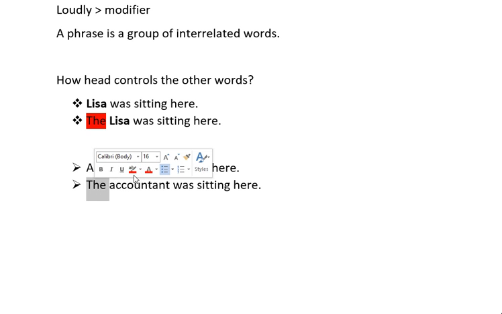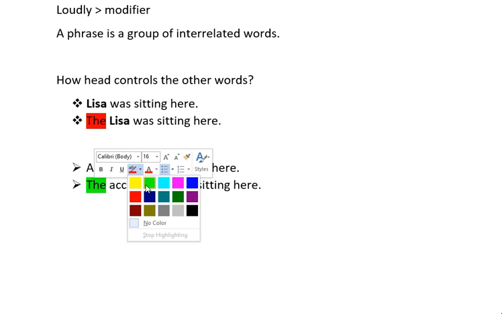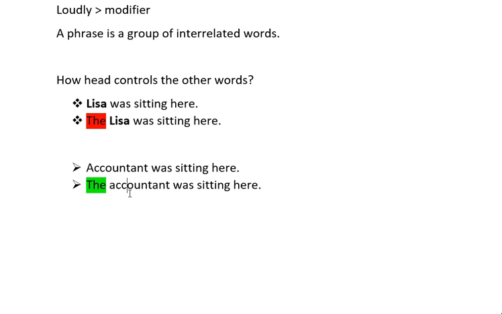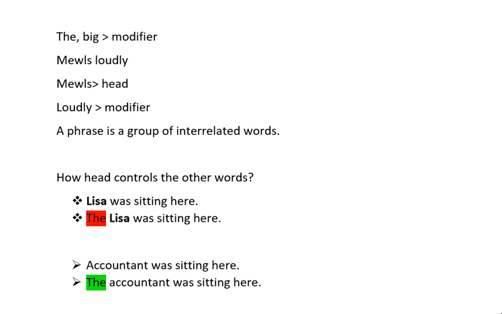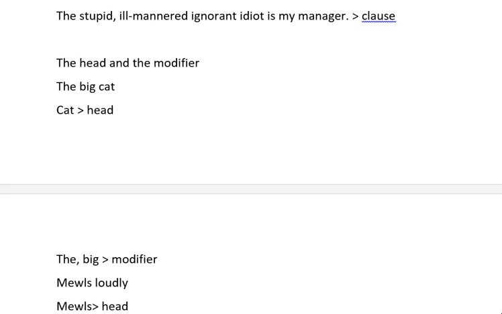Clear? So here we need the word the, and using the here is safe. Okay? So again, the word accountant as a head is controlling all the other words, right? So that is what we mean by the head controlling all the other words.